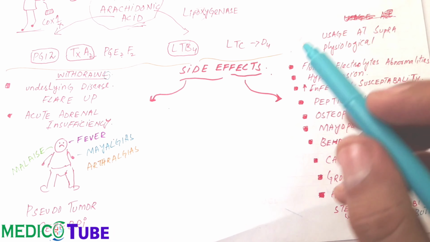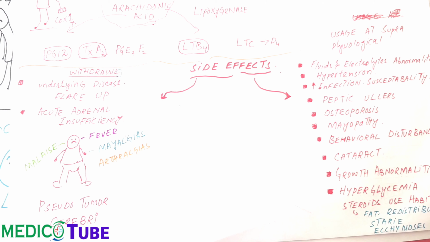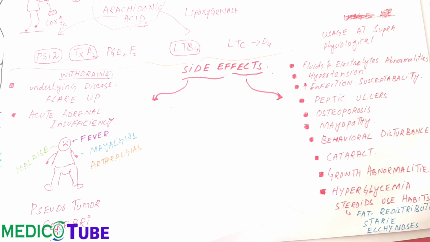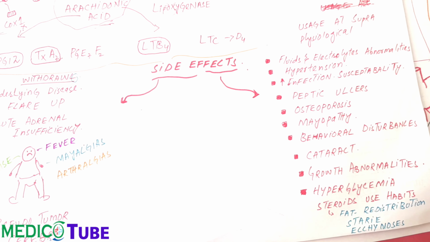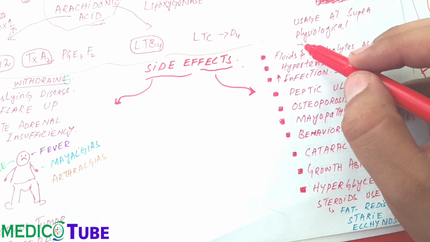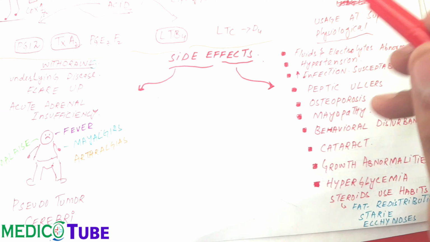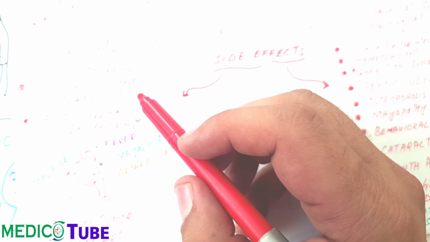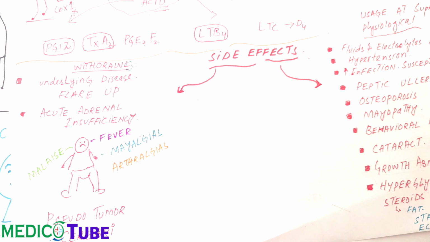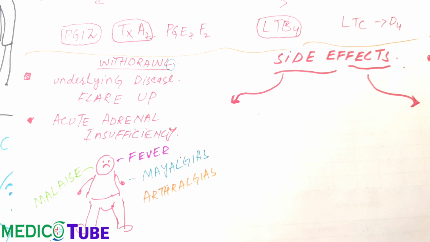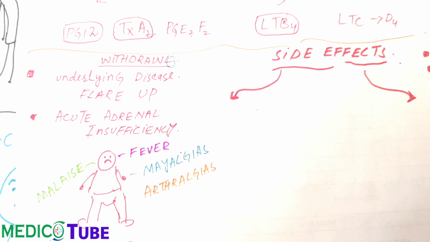There are two types of side effects. One is the withdrawal effects, that is when somebody is using it and abruptly stops it, and the other one is the prolonged use of supraphysiological dosage. So on the withdrawal side, first, if you withdraw steroids, the underlying disease may rebound.